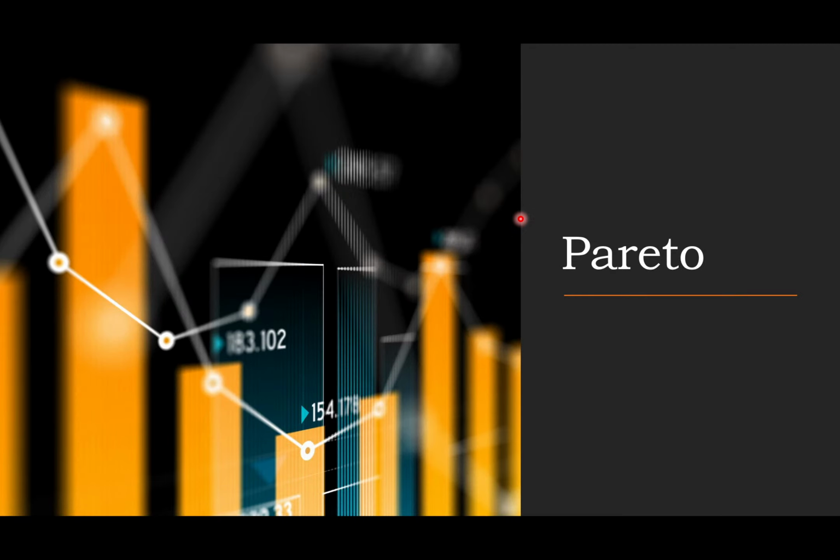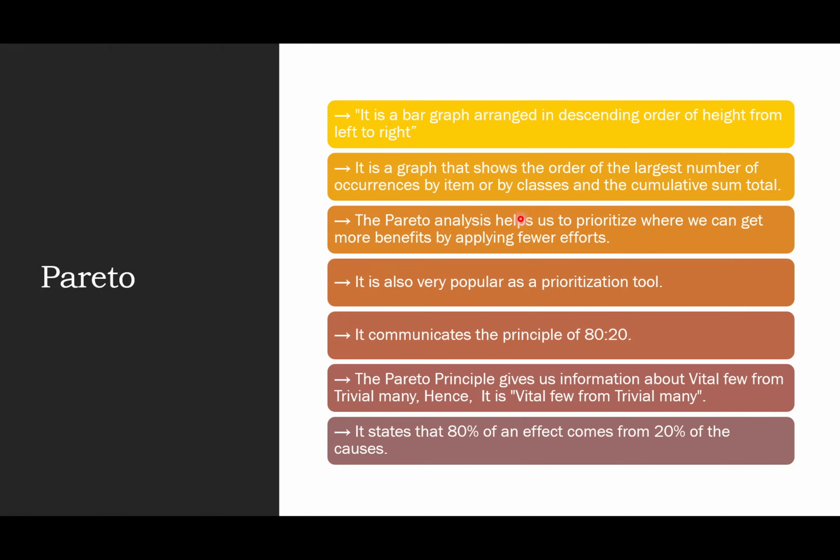Next one is a Pareto chart. I think last week we had a session on the Pareto when we discussed what is Pareto and why we use Pareto, but we still have some new joiners on this call, so we will quickly discuss the Pareto chart. Pareto chart is also known as the 80-20 principle, wherein 80% of effects come from 20% of the causes. So if you control your 20% of causes, you will be able to control 80% of the effect on the outcome.